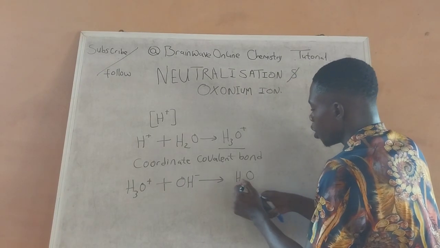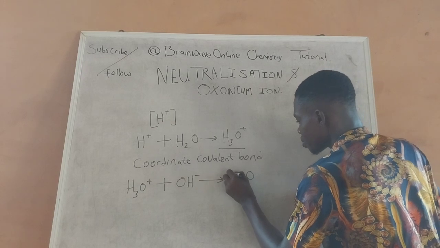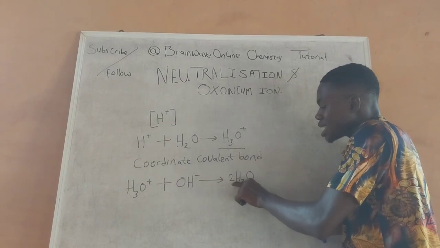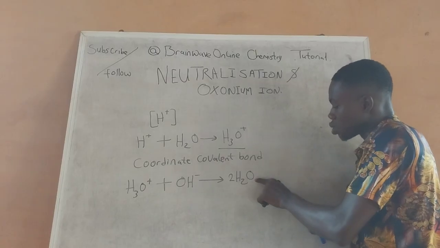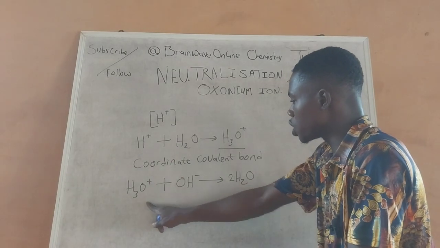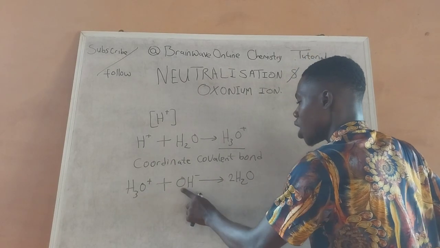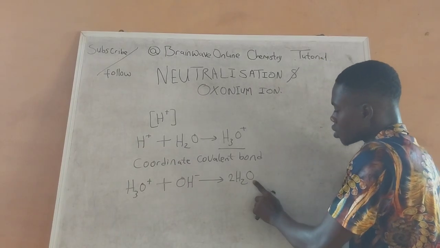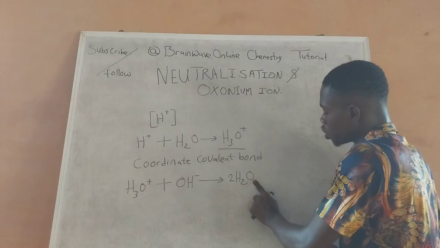Now, how do we make it 4? By putting 2 here. Don't forget that this 2 that is acting as a mole here is also affecting this oxygen. We have 1 oxygen here, we also have 1 oxygen here, making it 2. So this 2 is for the hydrogen also, and also for the oxygen.